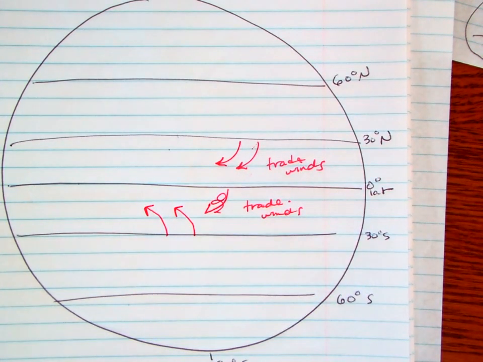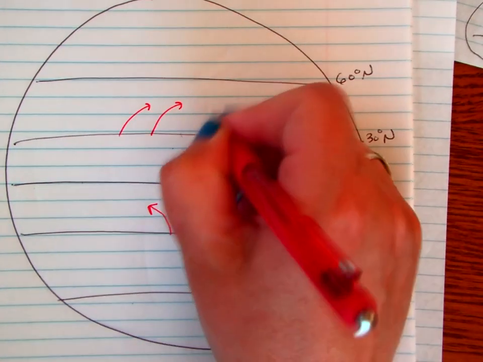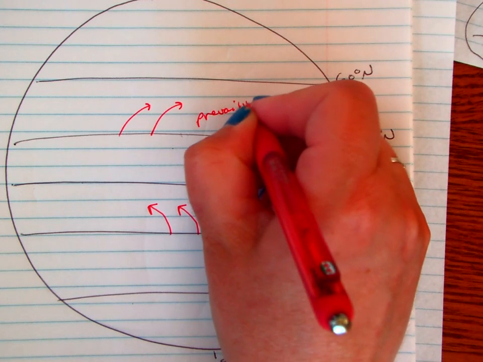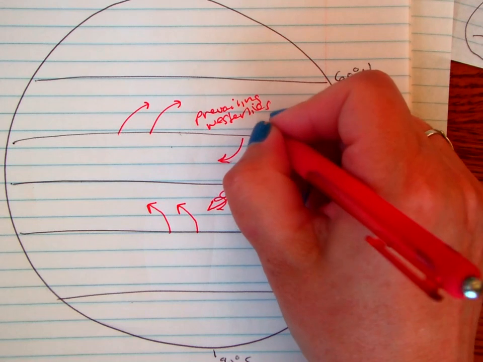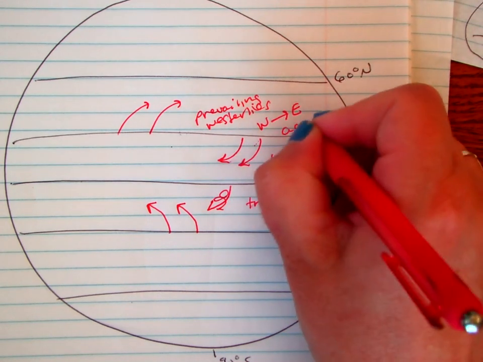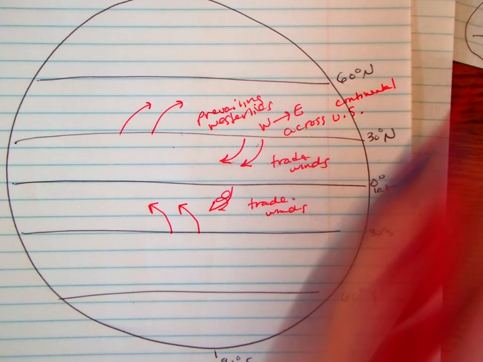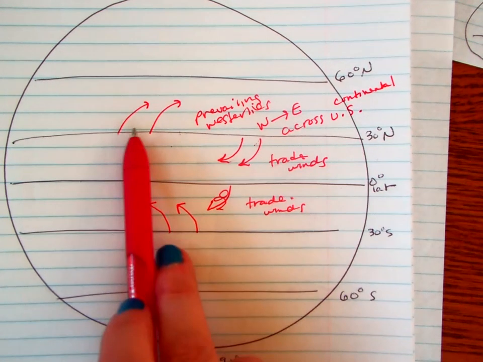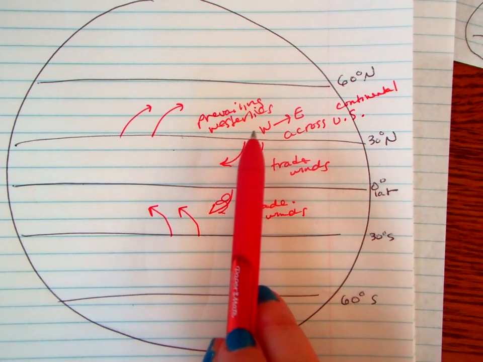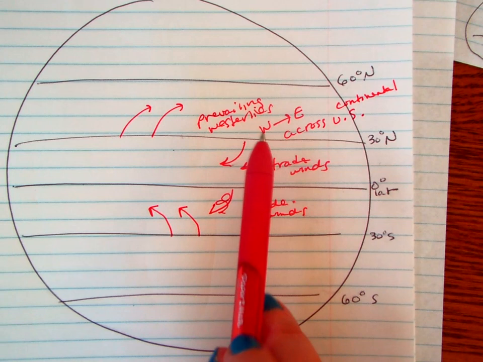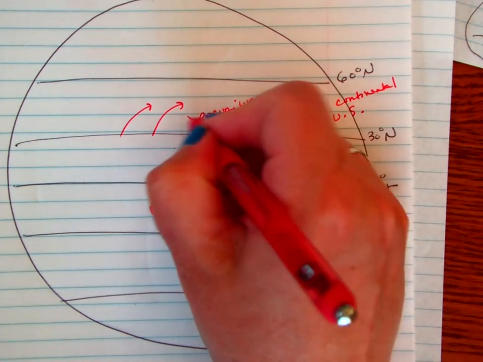Now, what happens above us is we have what are called the prevailing westerlies, and winds are named for where they come from. So these move west to east across the continental U.S. So our winds actually turn toward the east. What this means for weather is that fronts and air masses will move across us from the west to the east. Those are the prevailing westerlies, which are our winds.